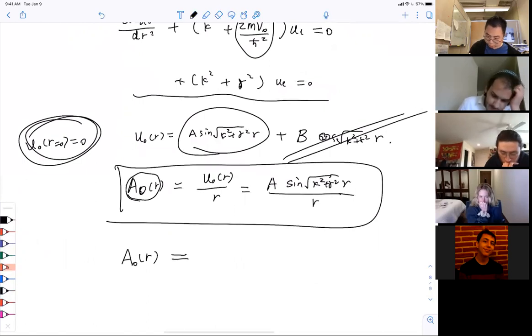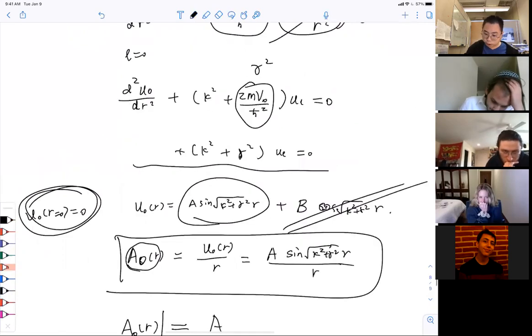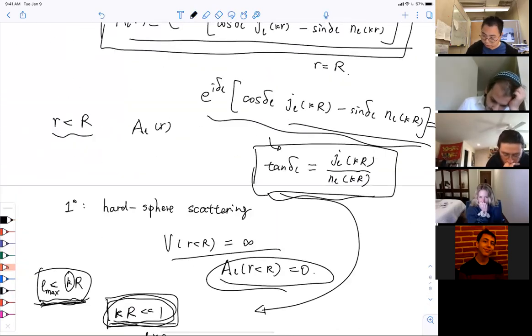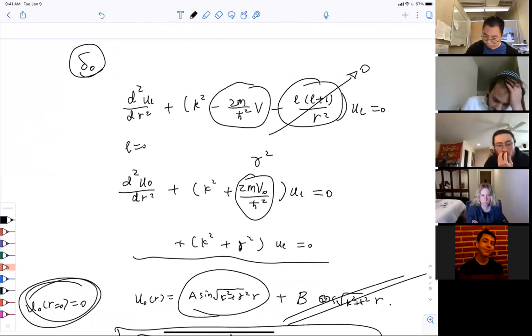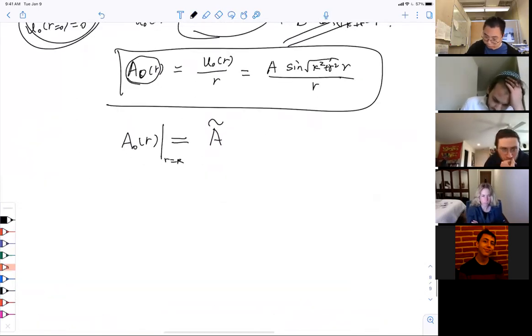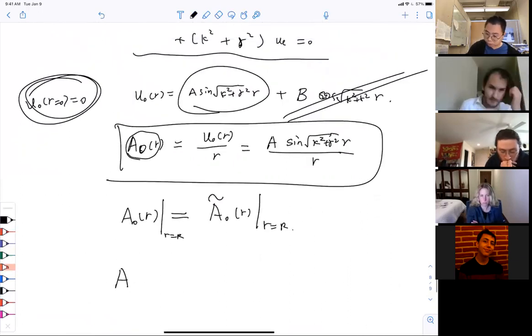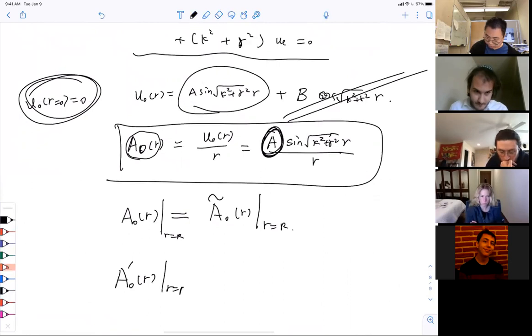This guy equal to the expression we obtained above. This guy, let's denote as A tilde. And also, if you don't want to calculate this normalization factor, we also have this: the derivative should also be continuous.